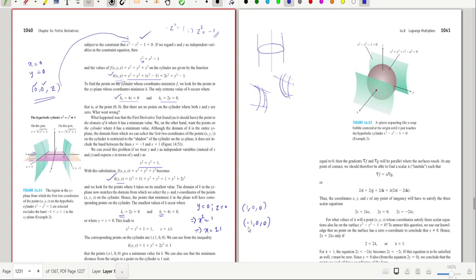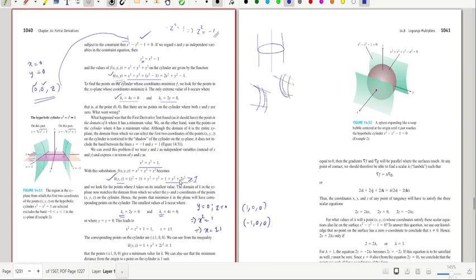Now, what is the minimum value of this k of yz at these points? We can easily find that quantity because of the simplicity of this expression. When you consider k of yz, that function is 1 plus y square plus 2z square. This is always greater than or equal to 1, because y square and z square are always greater than or equal to 0.